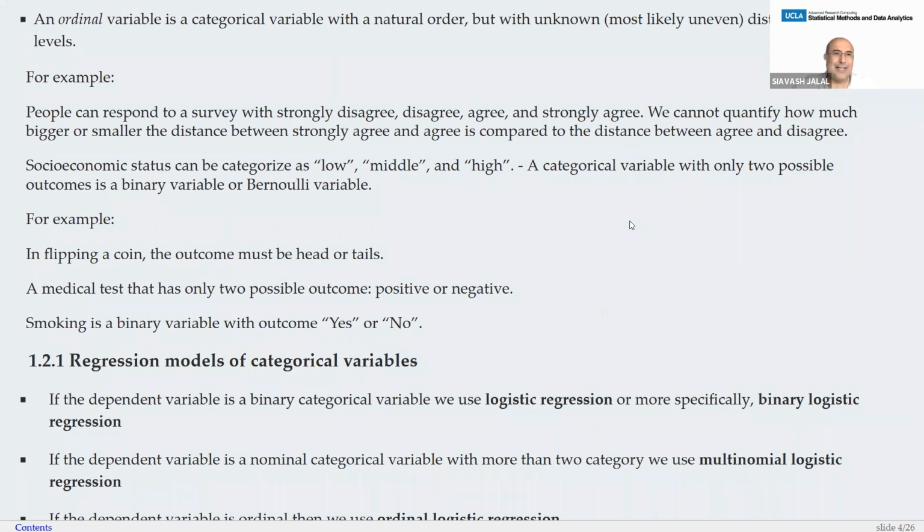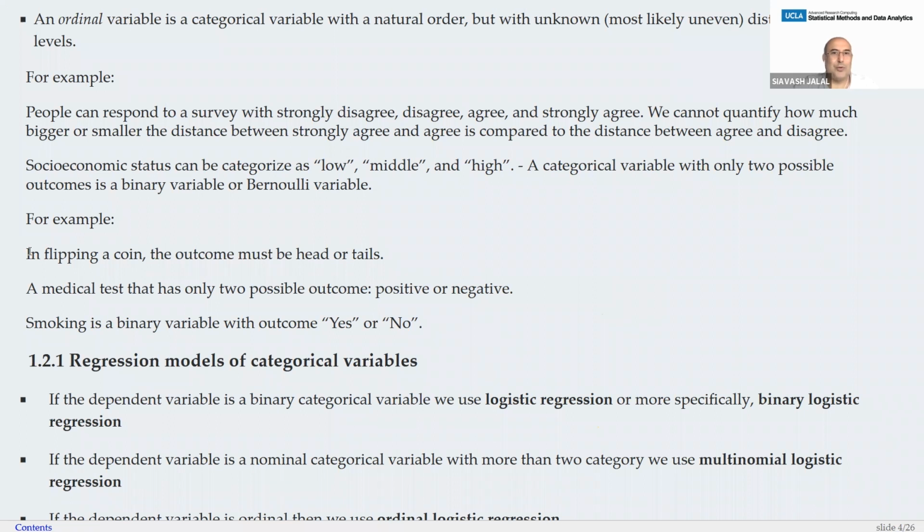Another example is that socioeconomic status can be categorized as low, middle, and high. If the categorical variable has only two levels, then we call it a binomial random variable. For example, in a Philippine coin, we can have only head or tail, right?